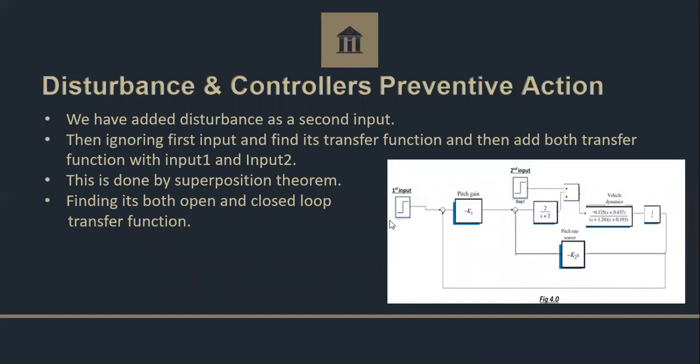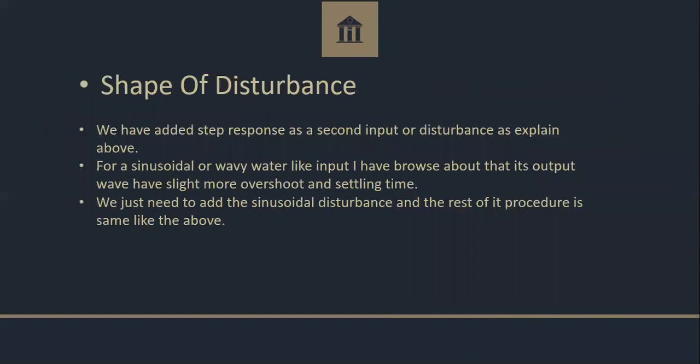Then you calculate T2 by removing the second input and adding input number one, and then find the transfer function. Then add T1 and T2 using the superposition theorem. Finally, find both open and closed loop transfer functions in both cases, and then add them.